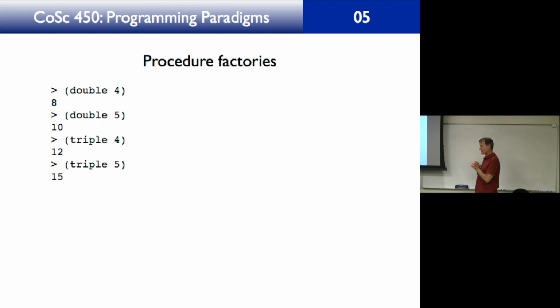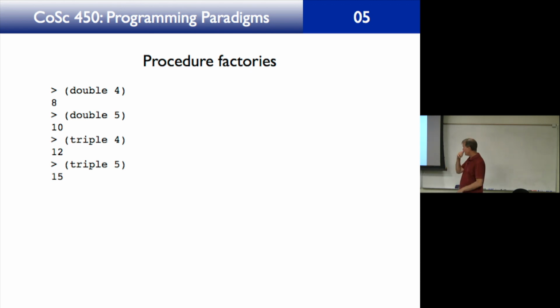And so what do you suppose a procedure factory makes? It makes procedures. Now, the way we're going to illustrate procedure factories is we're going to illustrate a factory that makes procedures. And if you go to this factory and you give it some information, it will make the procedure that you want.